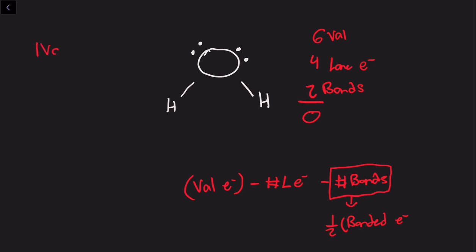Hydrogen has 1 valence electron. And how many lone electrons does it have? 0. How many bonds is it attached to? This one's attached to 1, this one's attached to 1. We would calculate them separately. So each hydrogen is attached to 1 bond, so we would subtract 1 bond, giving us a charge of 0.